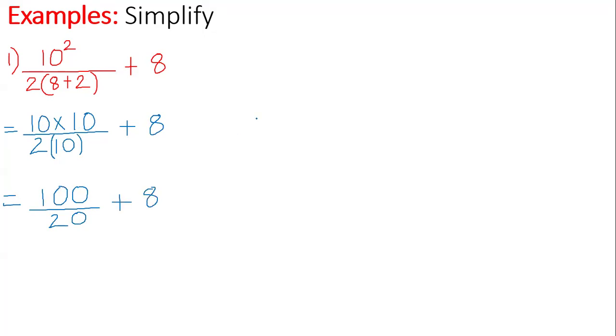What is 100 divided by 20? Let's do that. How many times does 20 go into 100? 5 times. 20 times 5 is 100.